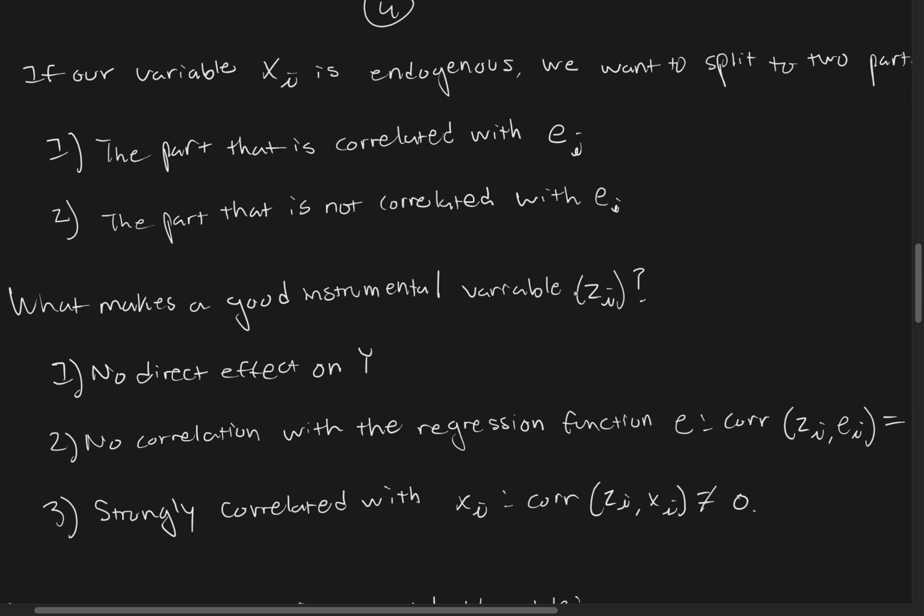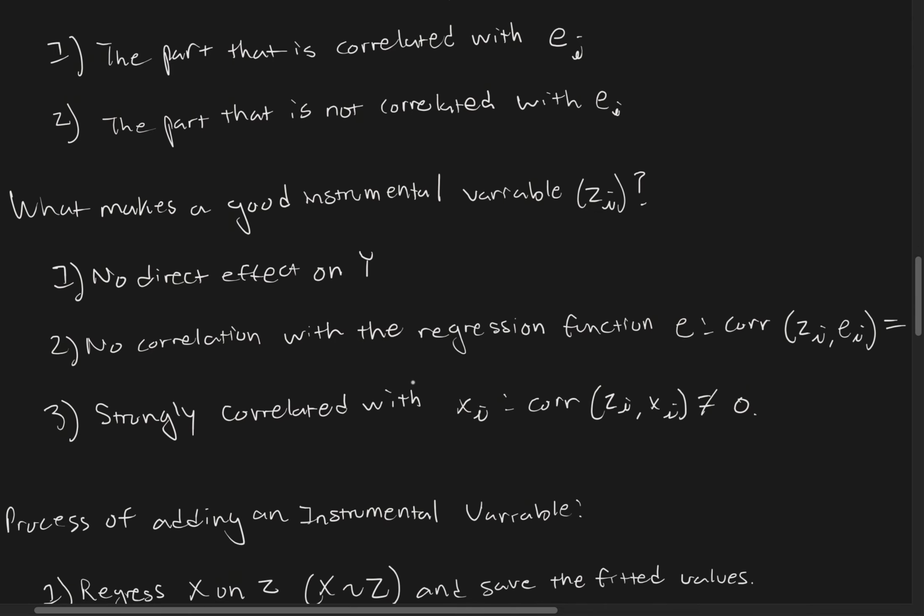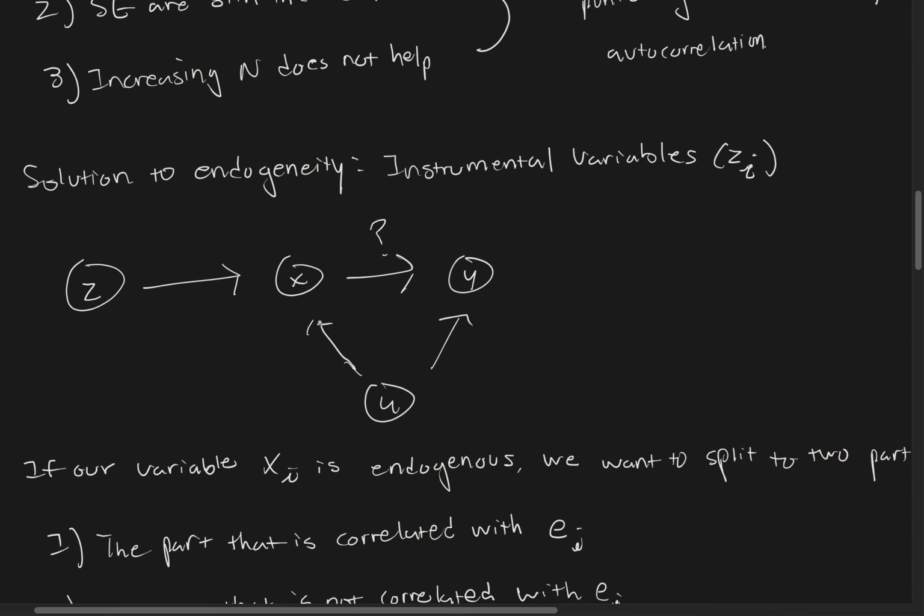So when we ask ourselves, what makes a good instrumental variable, we want our X variables to be strongly correlated with the instrumental variable, but we don't want a direct effect on Y, because our instruments are trying to help the independent variable and not necessarily the dependent variable.